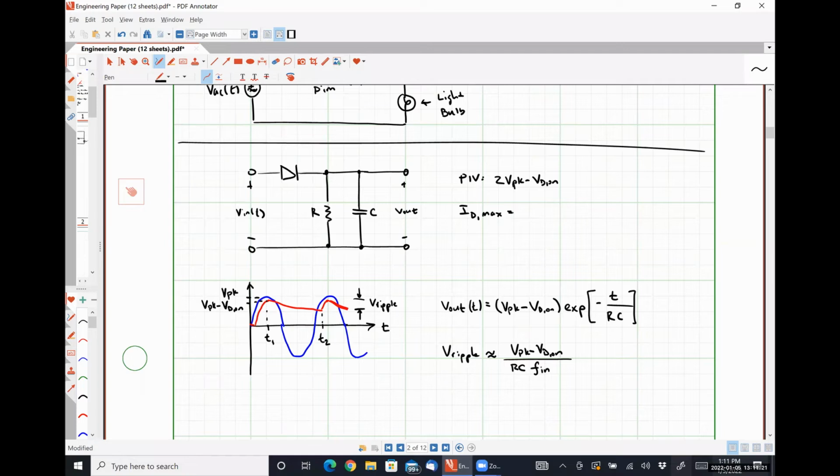So the value that we're going to say is correct for now is V peak over R multiplied by a factor of 1 plus 2 pi times the square root of twice V peak minus V ripple.